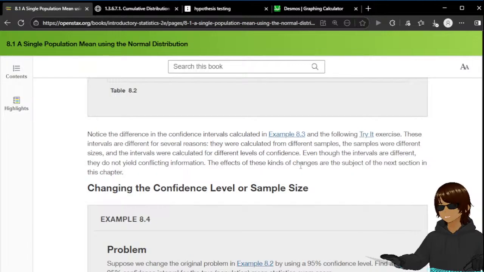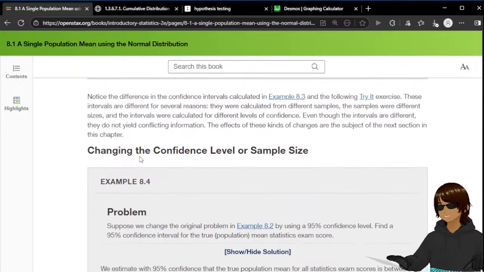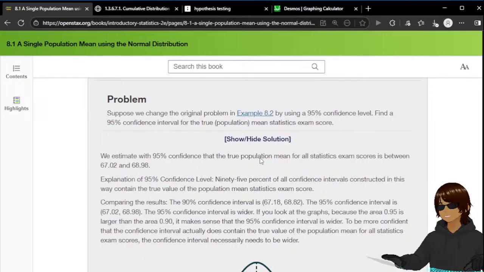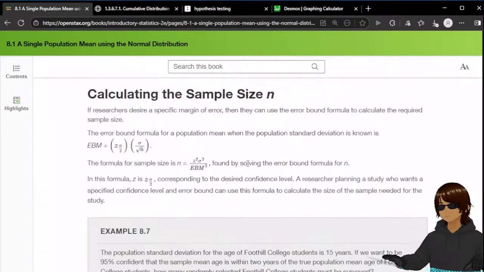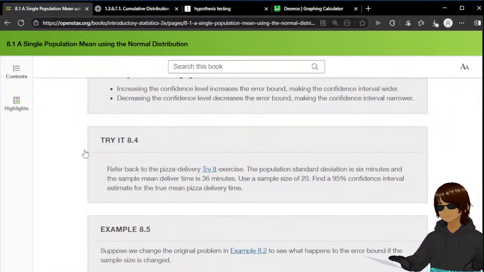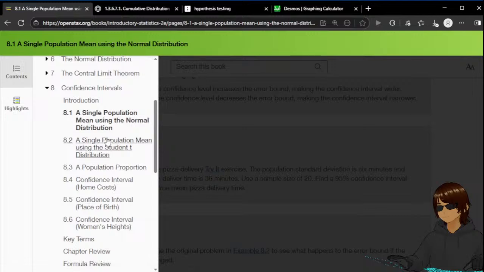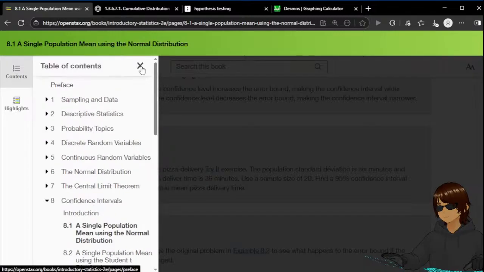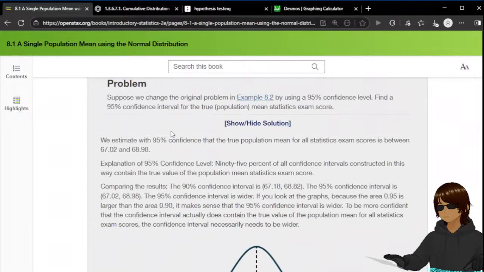The effects of these kinds of changes are the subject of the next section in this chapter: changing the confidence level or sample size. This chapter is taking longer than expected.